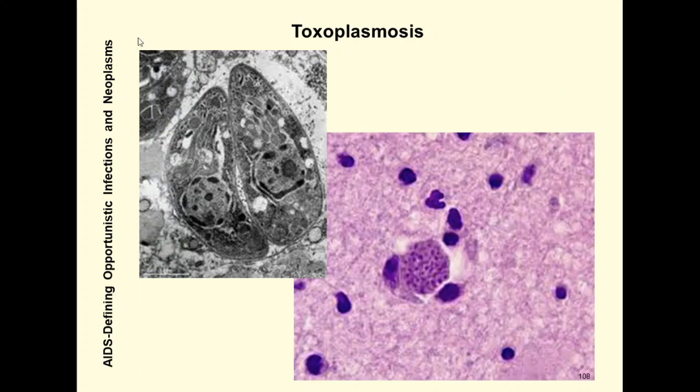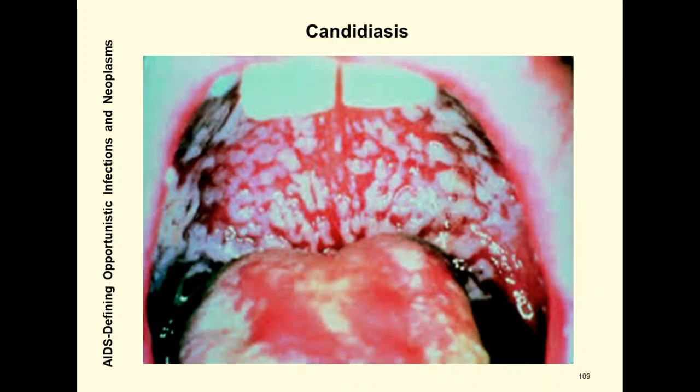Toxoplasmosis: this is an electron microphotograph, and this is the classical appearance of the cause of this disease. Candidiasis, this is the most common answer in your MCQ. So we have the oral cavity and some whitish dense plaques on all surfaces you see, and on the tongue as well.